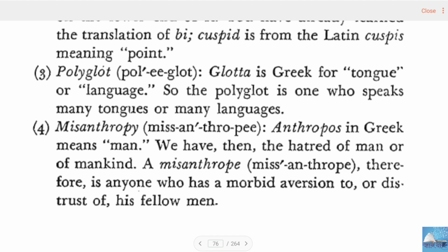Anthropos in Greek means man. We have then the hatred of man or of mankind. A misanthrope, therefore, is anyone who has morbid aversion to or distrust of his fellow men.